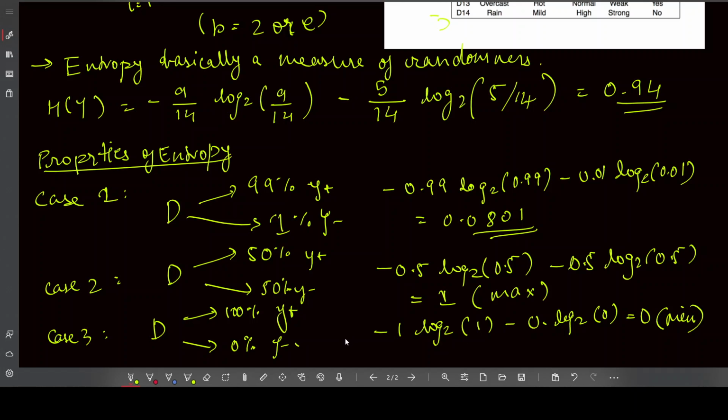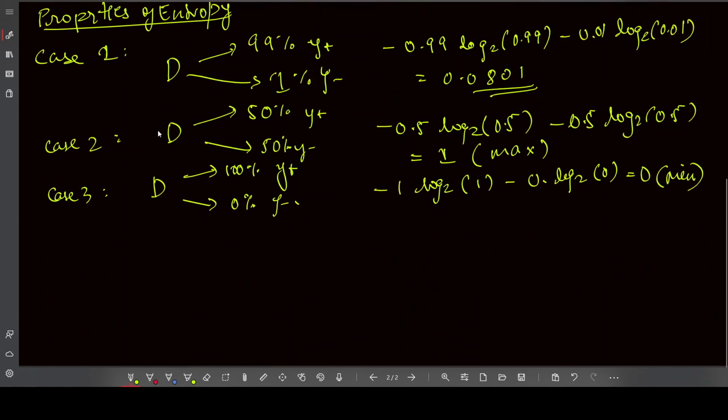So if you look at this, entropy basically varies with how balanced or imbalanced your data set is. It's minimum when your data set is extremely imbalanced, highly skewed towards one class label, and it's maximum when it's equally balanced, not skewed towards any class.